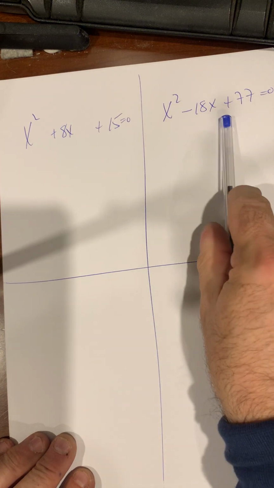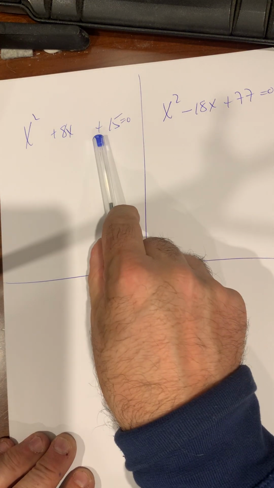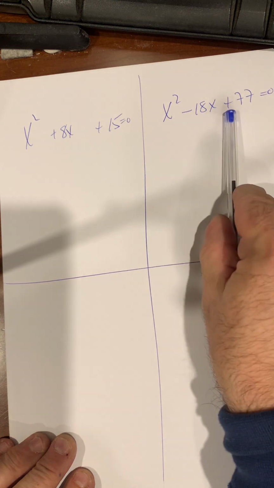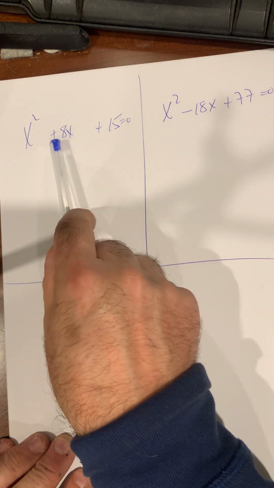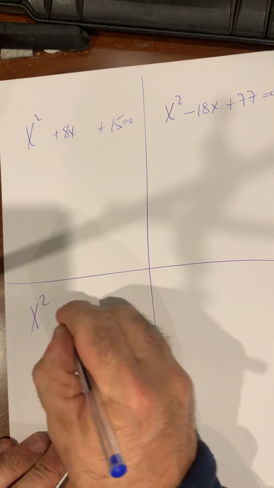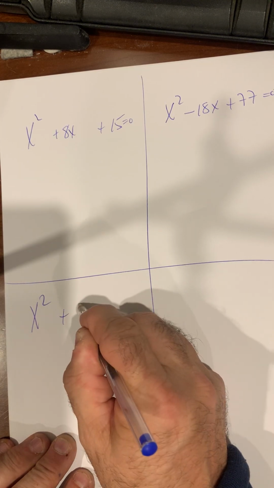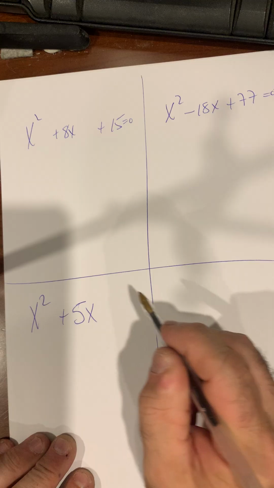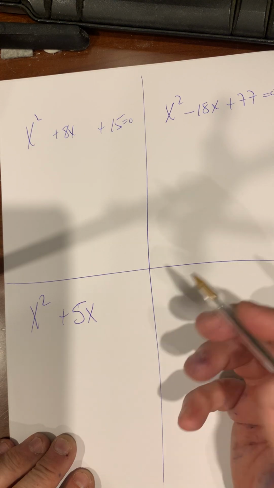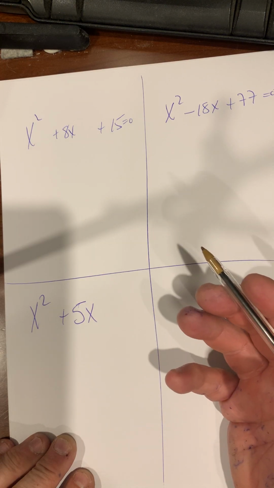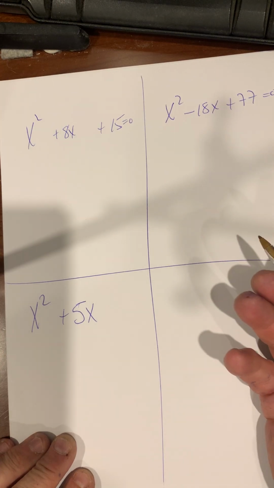A second one, both positive, both negative, both positive. The gap between the numbers is 5x. Let's use 5 and 10.